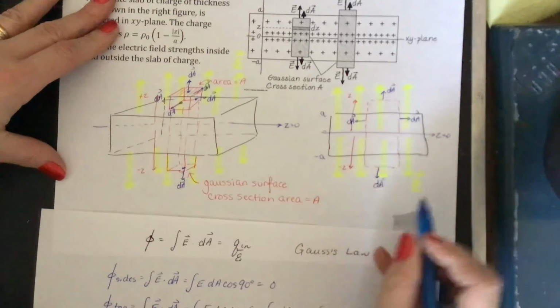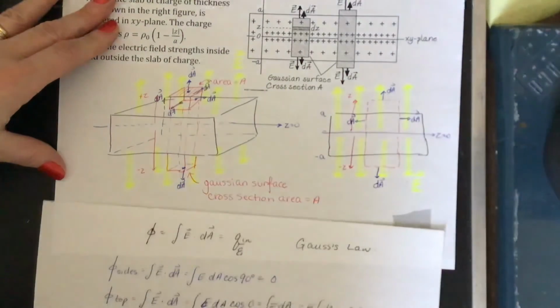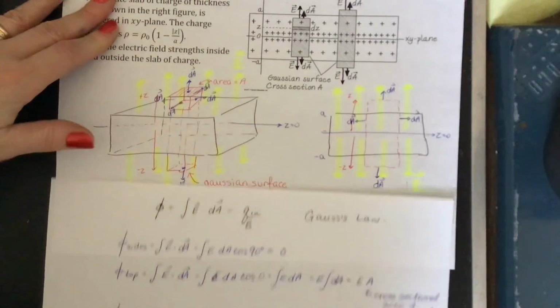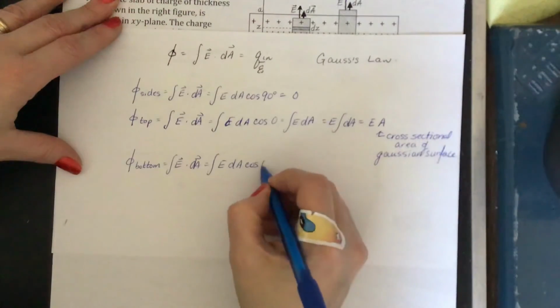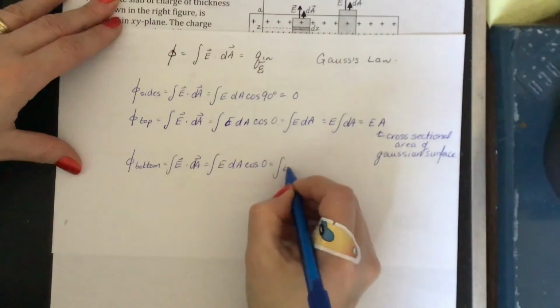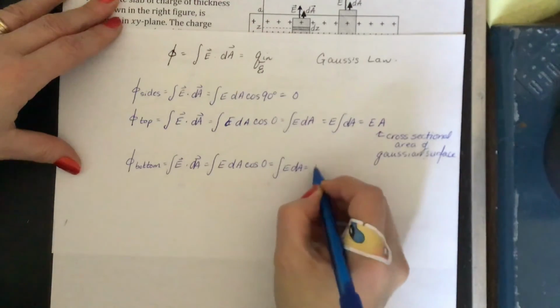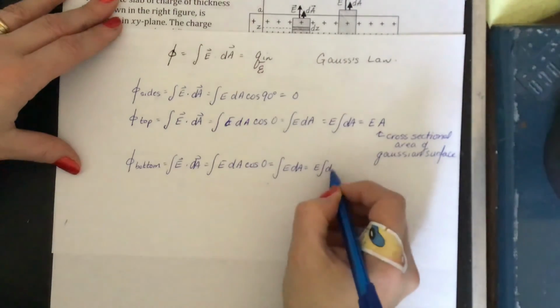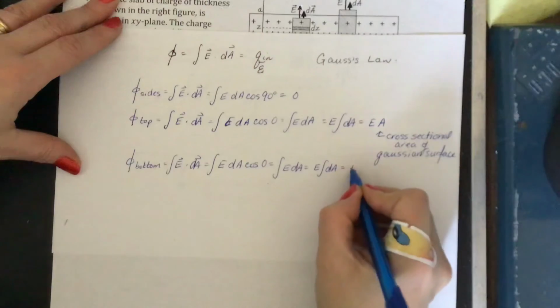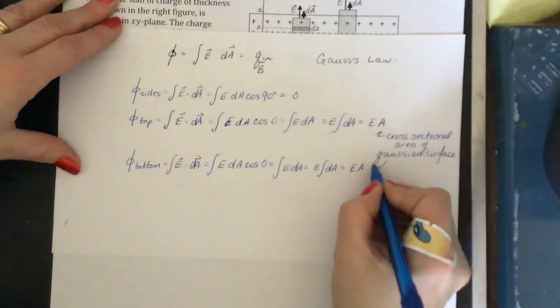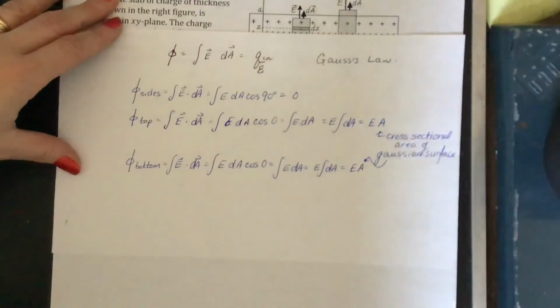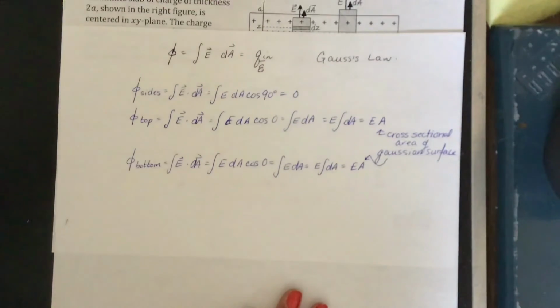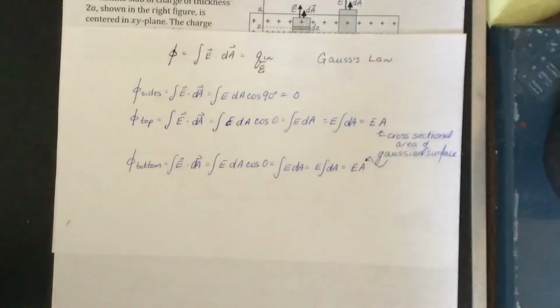Again, the area element and the electric field are parallel, so the angle between them is 0. So we get the same result as for the top face: the flux through the bottom face is E times A, where A is the cross-sectional area of the Gaussian surface, the area of the top face of that block that we picked.